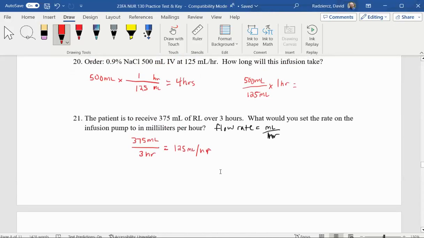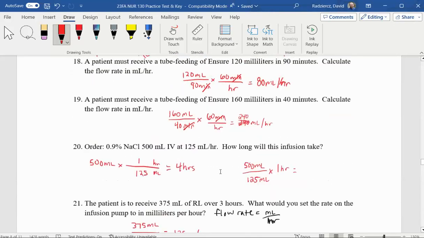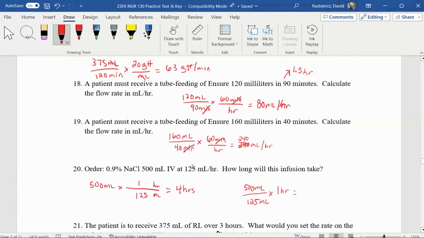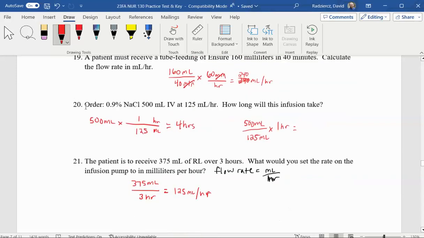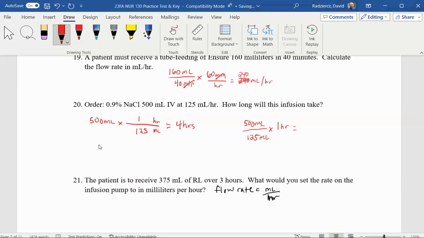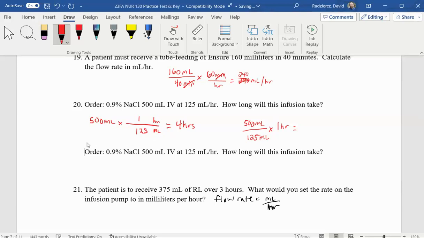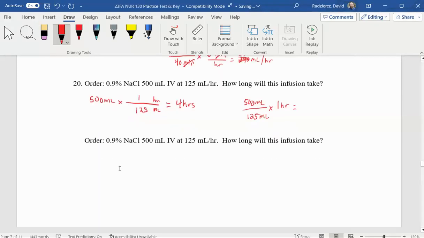All right. I'm going to do another one of these where we're going to change up a couple variables here.